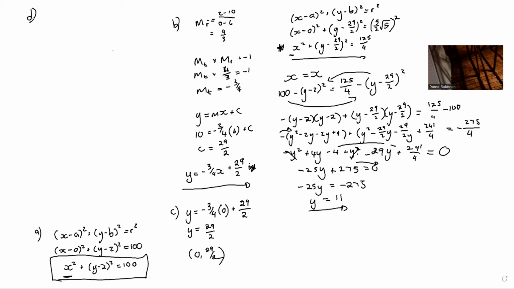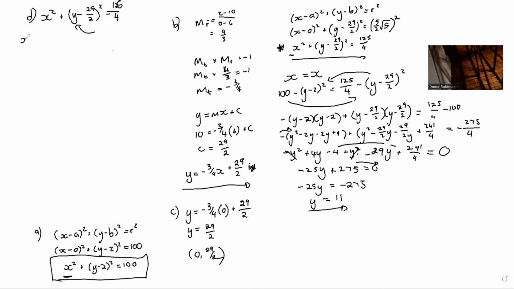Okay, so we're going to have our equation of our circle, which is x squared plus y minus 29 over 2 squared is equal to 125 over 4. Now in this y, we're going to put our tangent.